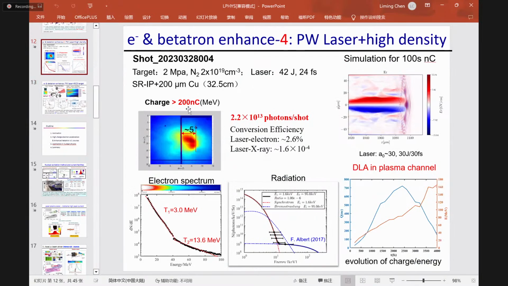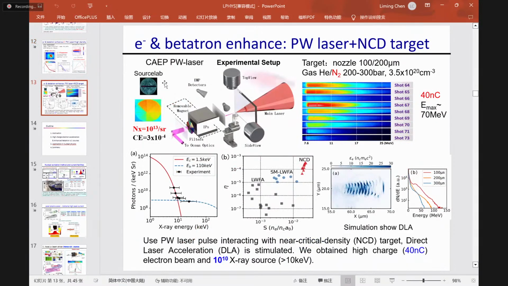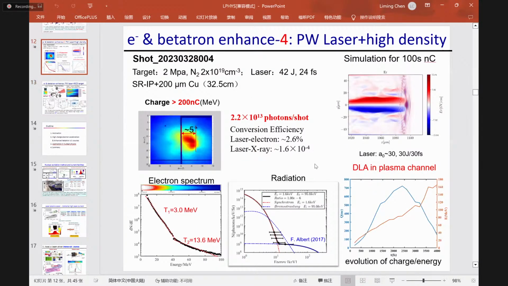Yes. Actually, this one and this one, we really reach 10 to the minus 4. Frankly speaking, for bremsstrahlung radiation the conversion efficiency is usually lower than 10 to the minus 5.